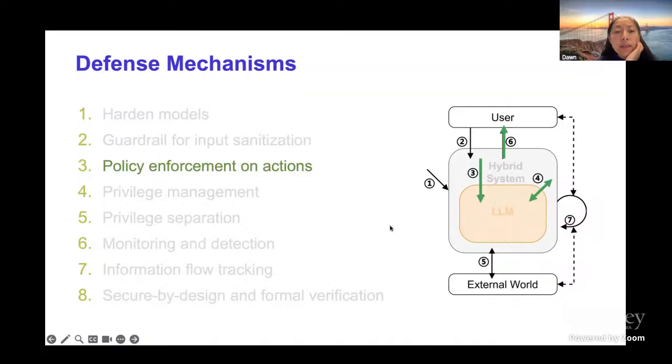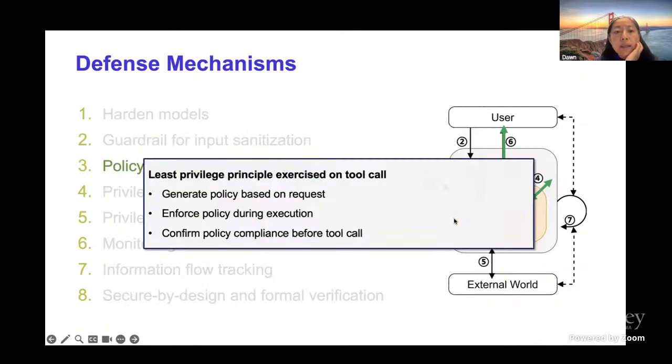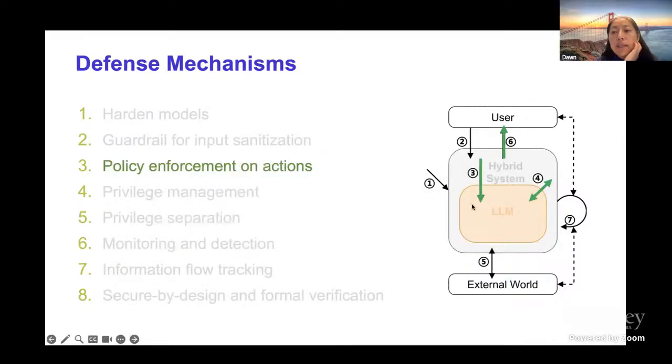The next defense mechanism I call policy enforcement actions. The idea here is that the agents can take different actions.